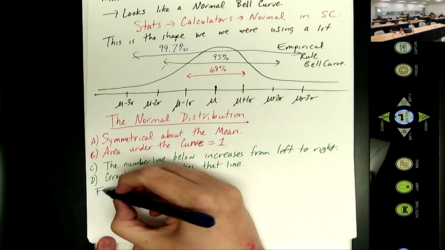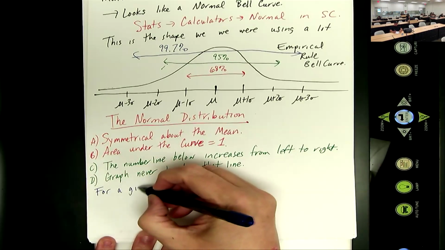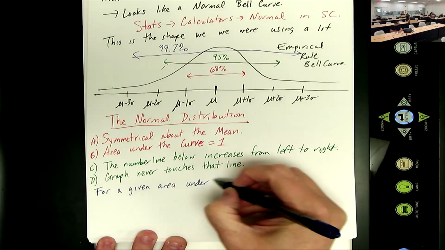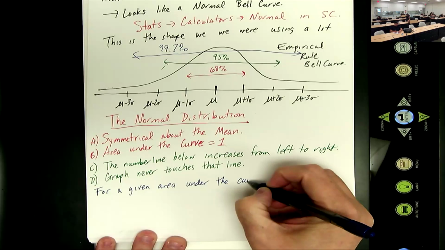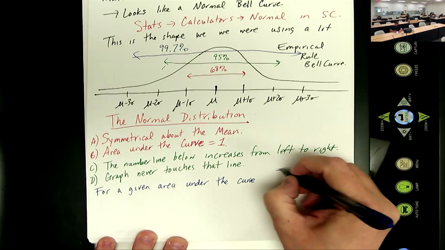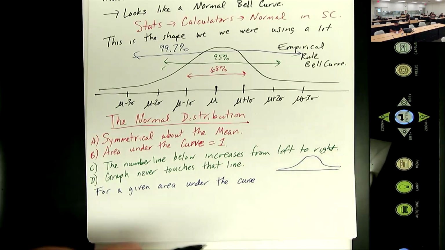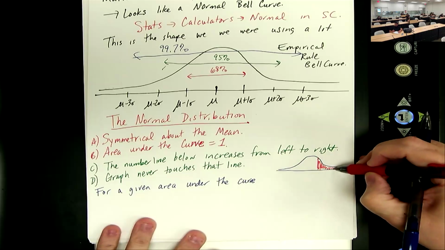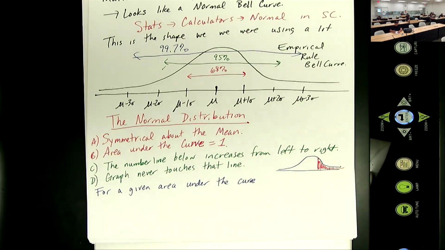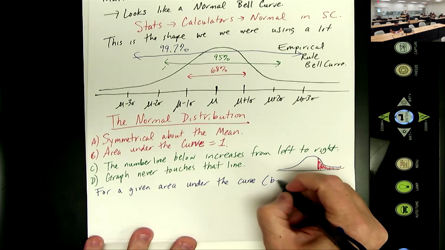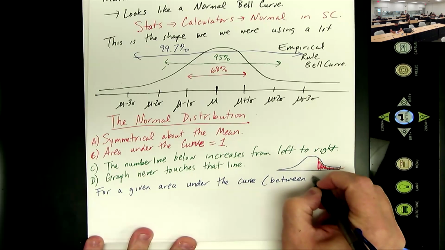For a given area under the curve. Like, let's say we're looking at the red region, say between two values.